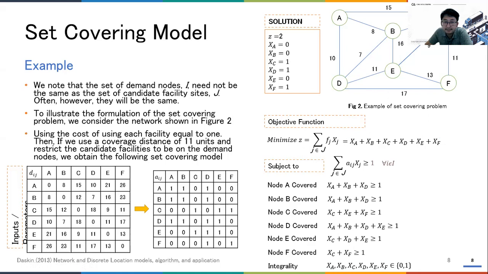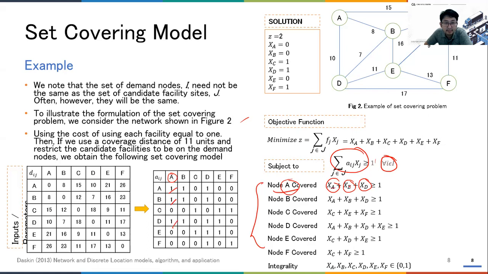And then you want to make sure that for all i, the sum of aij multiplied by xj is greater than or equal to 1. So you need to break it down: to make sure node A is covered, it can be covered by xa, xb, or xd, based on the coverage matrix.